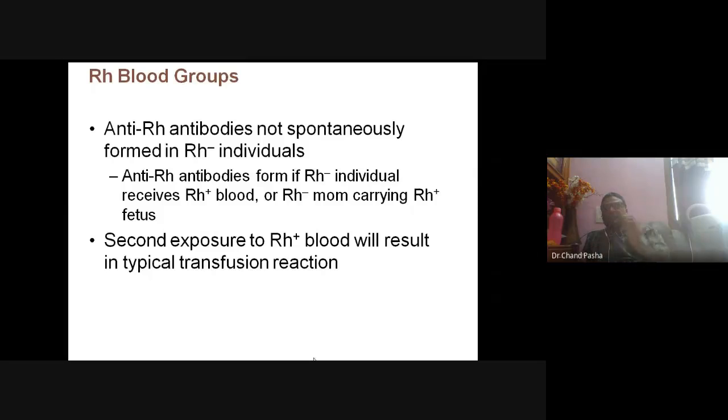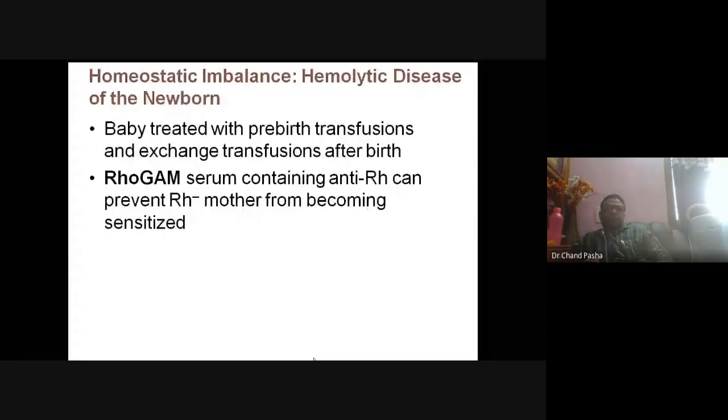And after every delivery, you need to do the same thing. The baby is treated with pre-birth transfusions and exchange transfusions after birth, and Rhogam serum containing anti-RH can prevent it.